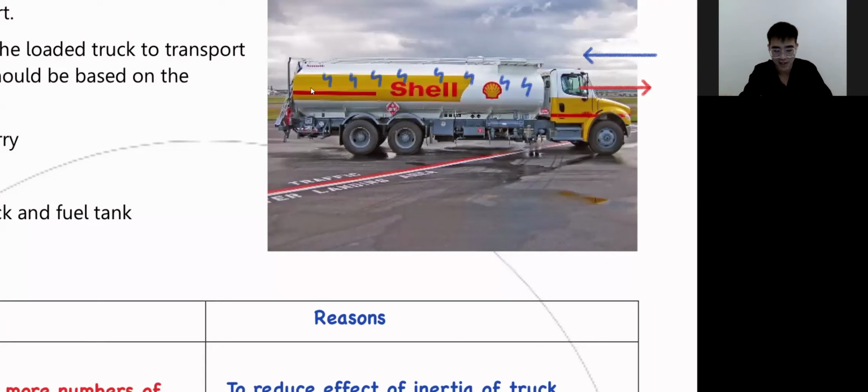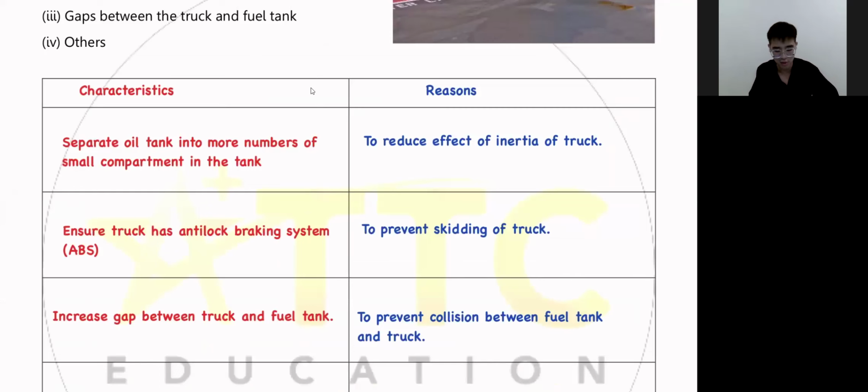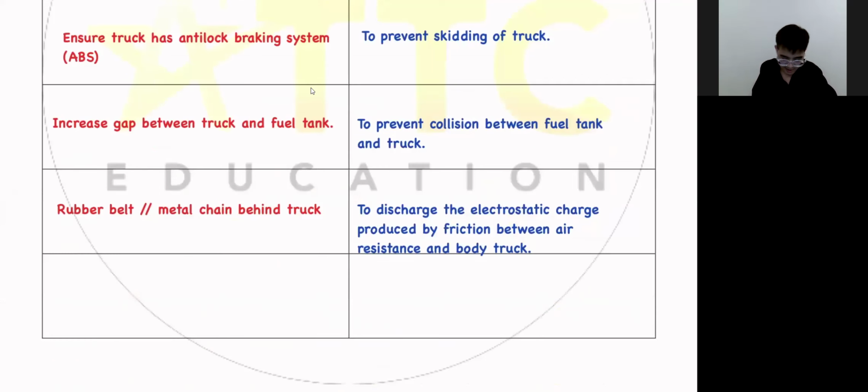So the weight of the truck has to be distributed throughout more tires, so the tires won't be punctured easily because of the pressure. If you have so much weight on the oil tanker truck, all stressing on a small number of tires, then the tires can puncture easily. So that's why we need more tires. Tires are also another safety feature in a road vehicle.